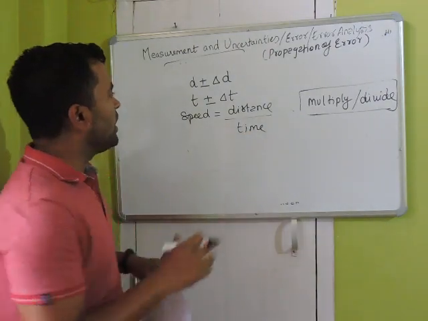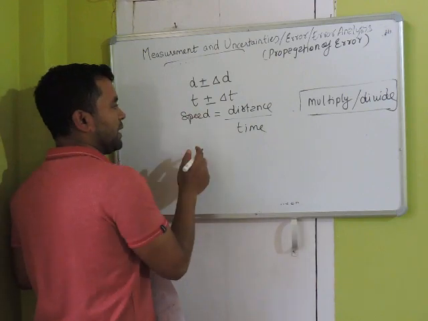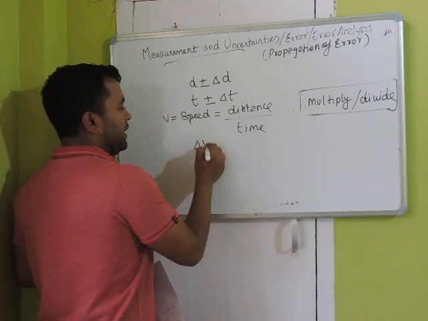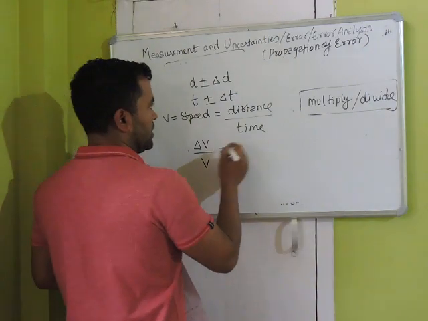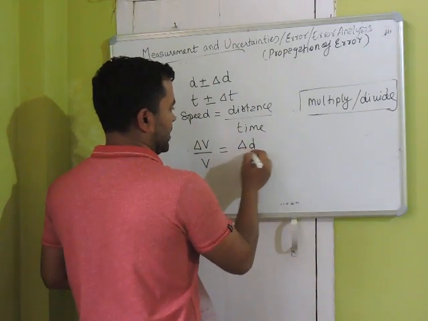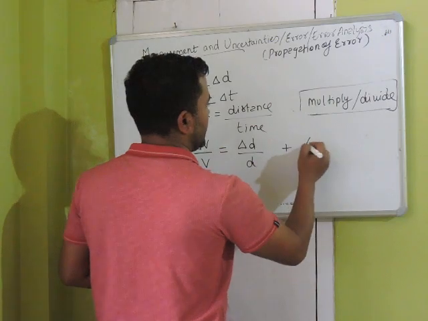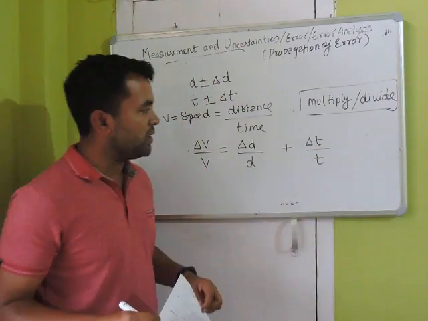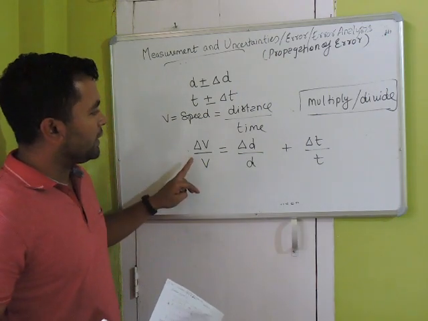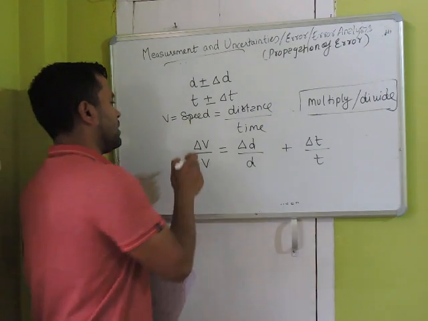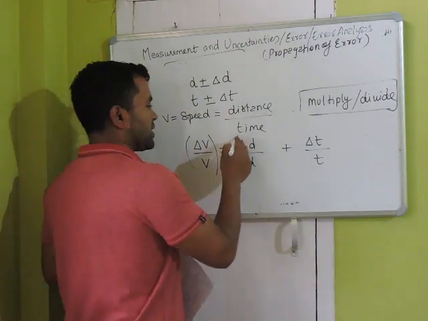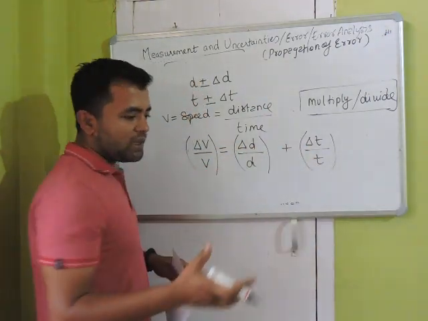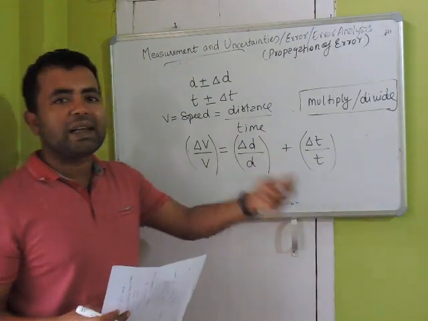It turns out that in this case, let us say speed is v, delta v by v is delta d by d plus delta t by t. Same formula as that of multiplication: this is the max fractional error in speed, fractional error in distance, fractional error in time. Again, in all the cases, just pay attention, everything is getting added.